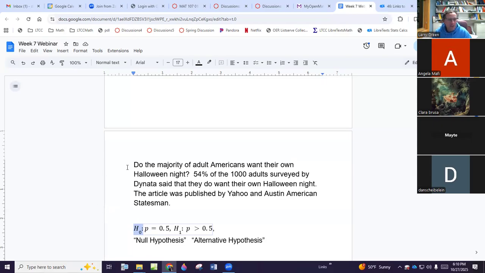Since 50% is not the majority and that's the biggest possible, what we're going to say is H naught colon, and then P equals 0.5. P, because the survey question is, do you want your own Halloween night?